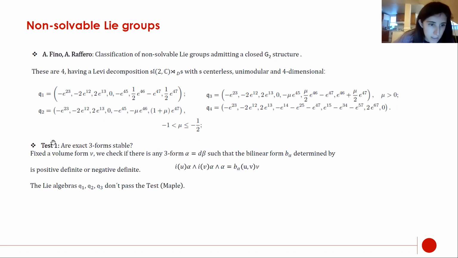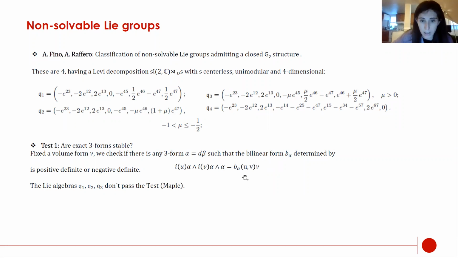So the first test is to check if these Lie algebras have an exact three-form that is also stable. Recall that for that, we consider the bilinear form, using the wedge product of the contraction of alpha by u and the contraction of alpha by v, as I mentioned in the first slide.